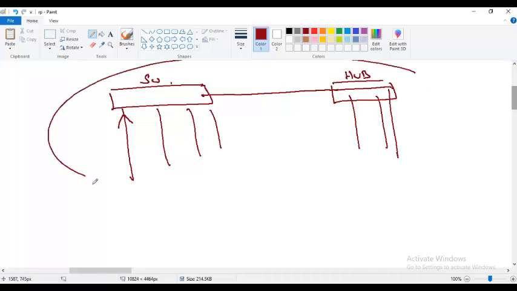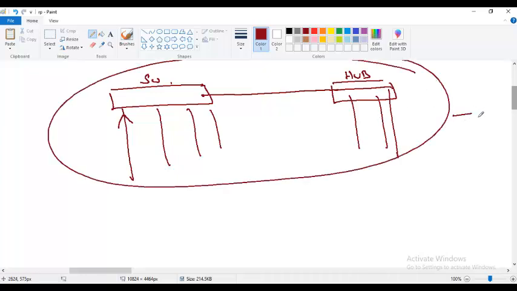Let's say this is a 24 port switch and this is an 8 port hub. This 24th collision domain is here, and the hub also has only one, which is already shared. So how many collision domains? Only 24. You understood now?